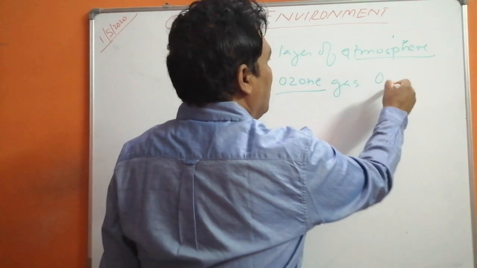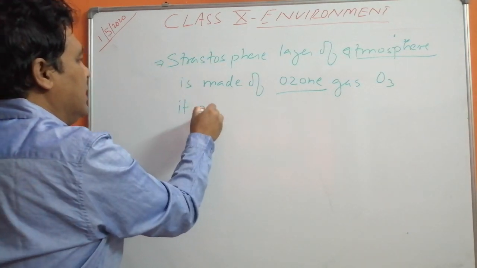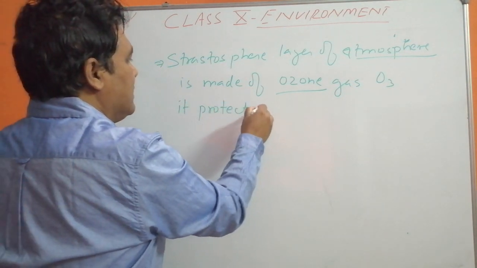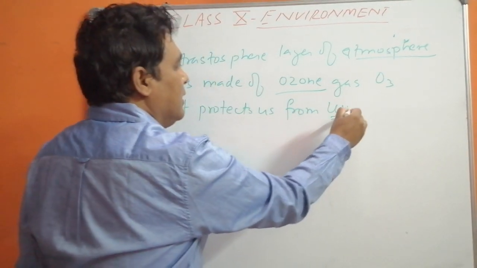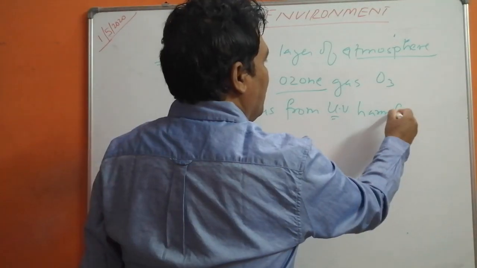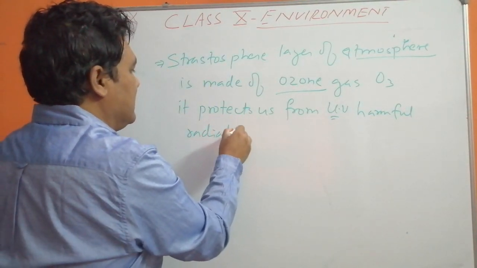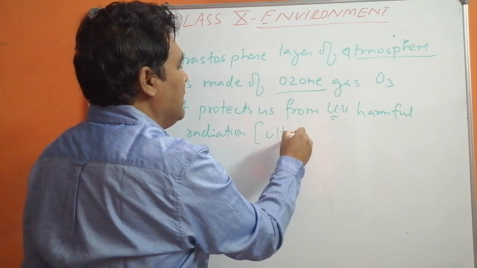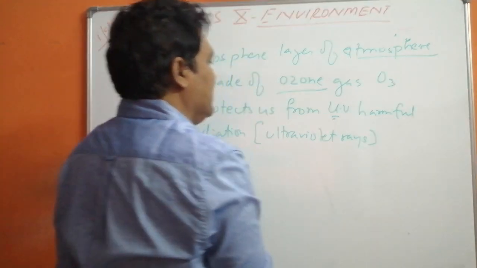It is known to be O3. It protects us from harmful UV radiations. UV means ultraviolet rays.